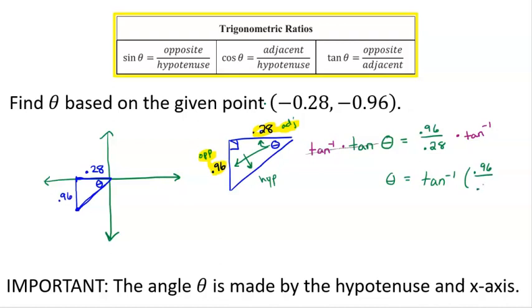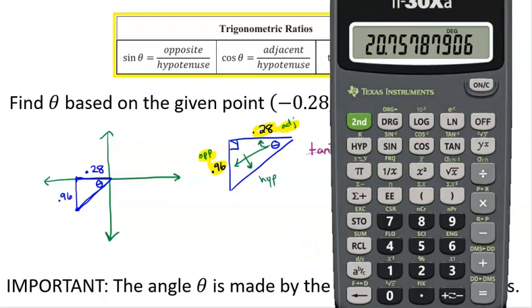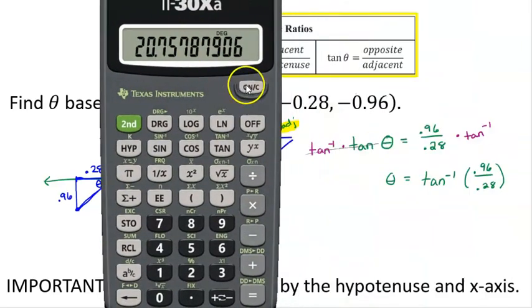0.96 over 0.28, and then I would just use my calculator. So now I have 0.96 divided by 0.28 equals, and then I'm going to do my inverse tangent.